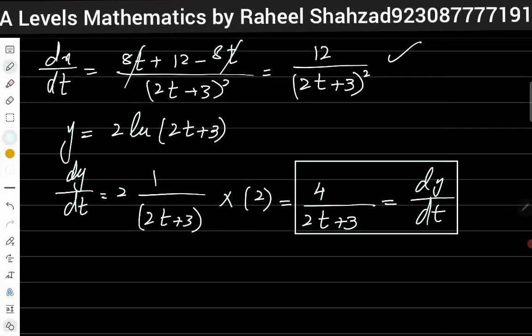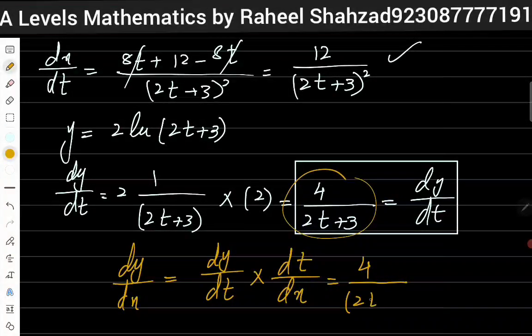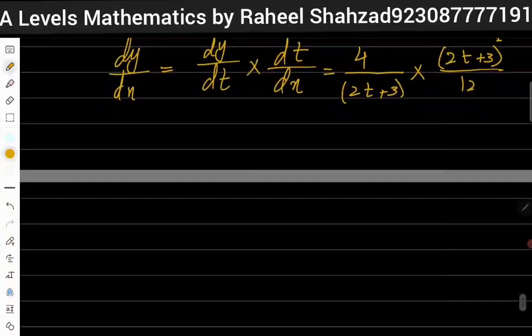We are going to apply the chain rule now. That states that dy by dx will be equal to dy by dt into dt divided by dx. So we have dy by dt, 4 divided by 2t plus 3, into dt by dx. Now this is dx by dt, so we need to take its reciprocal, that is 2t plus 3 whole square divided by 12. So now we need to simplify this expression.